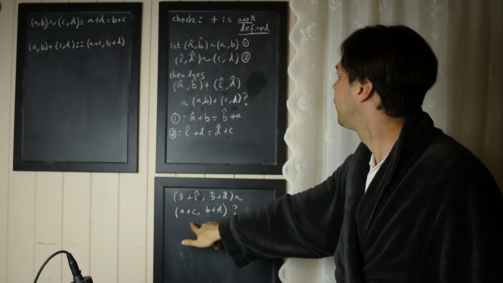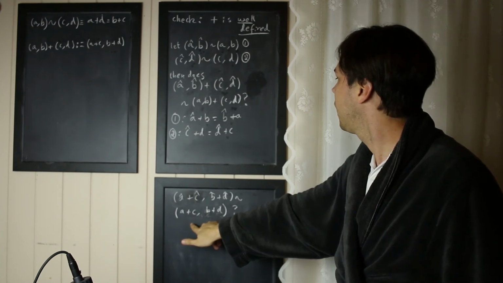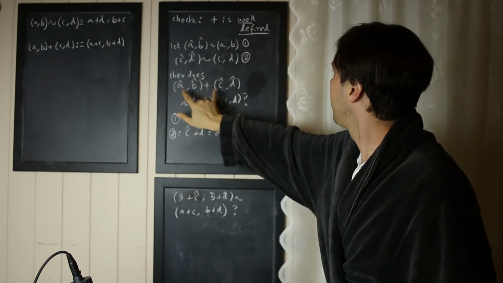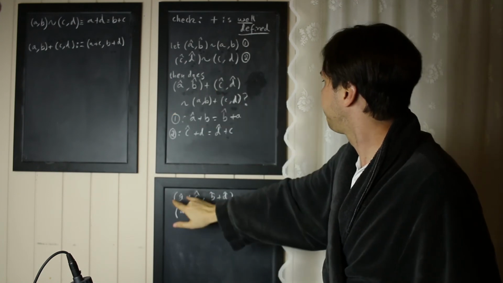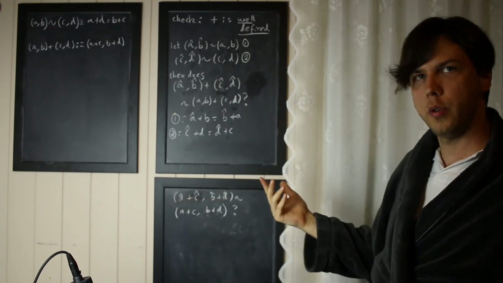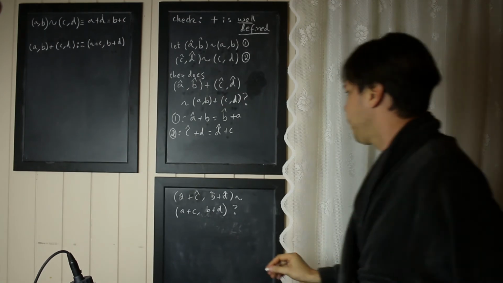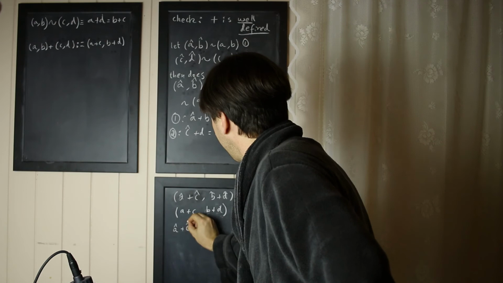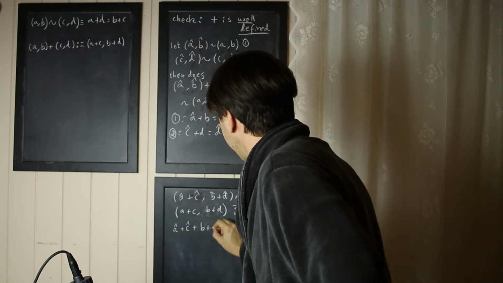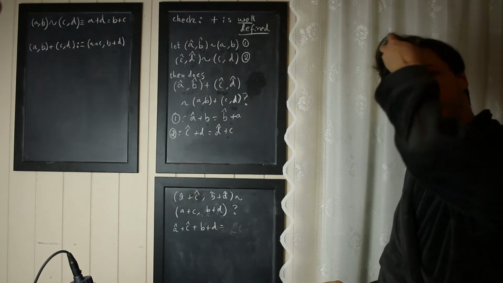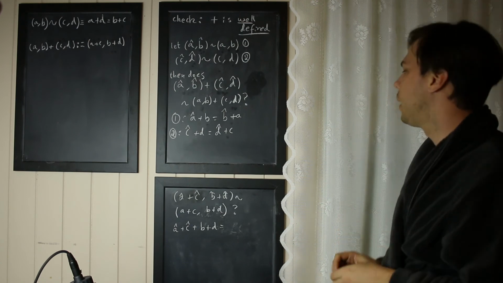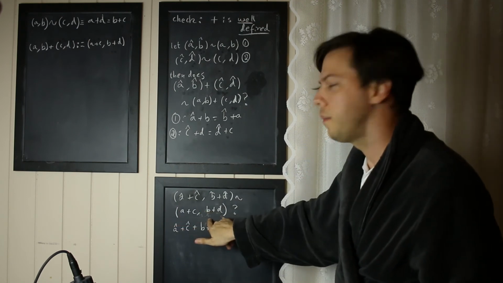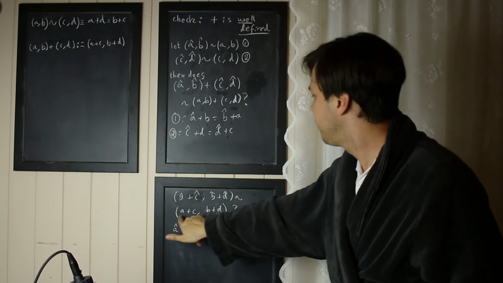Just double checking. So when we add together, we have a plus c. Great. So let's write this out. Remember, by the equivalence relation, we want this sum to be equal to this sum.